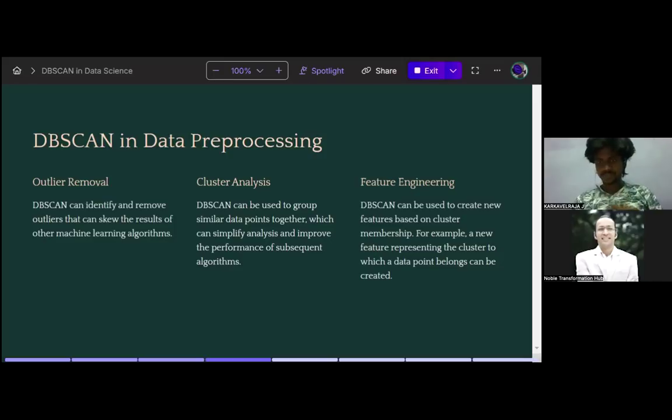Then feature engineering can be used to create new features based on cluster membership. In machine learning, whether supervised or unsupervised, we need to create new features. When you create new features with feature engineering, the performance of the model increases and it will find hidden patterns and hidden insights, which help us make better decisions under uncertainty.